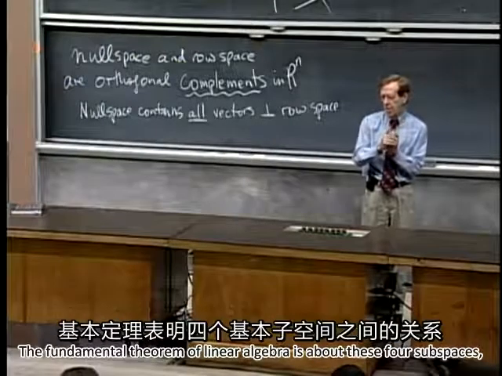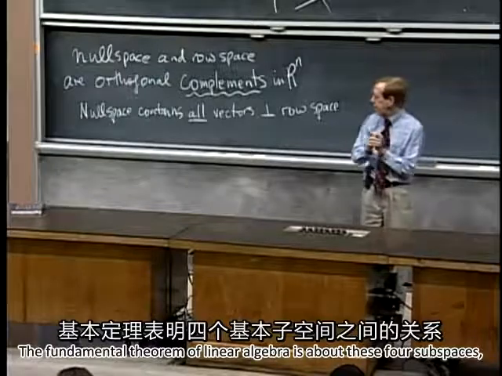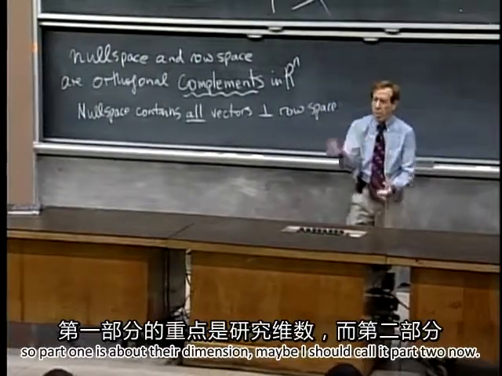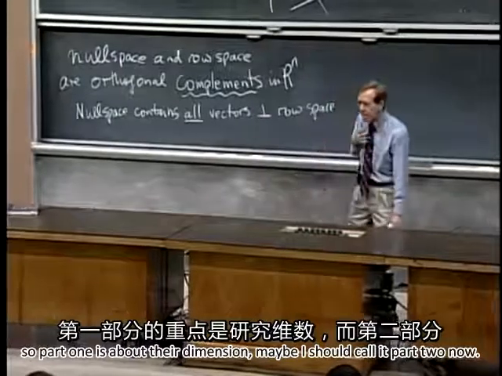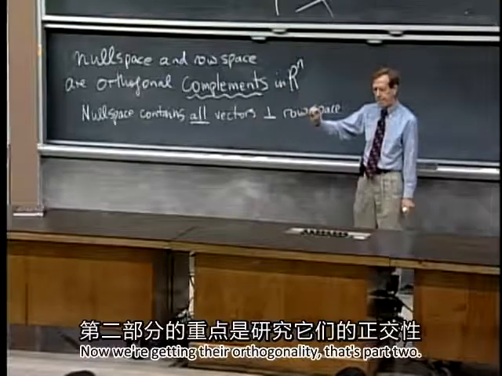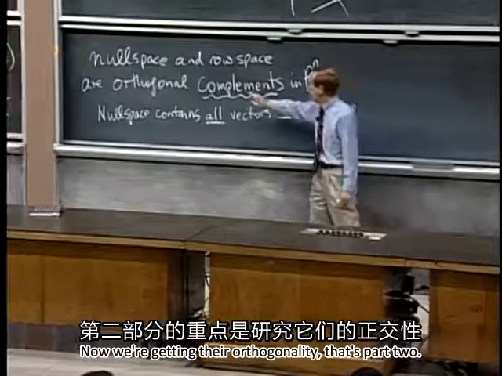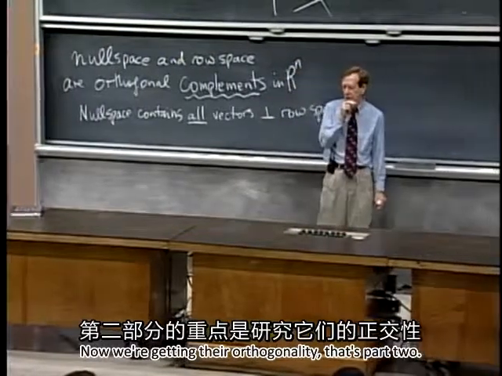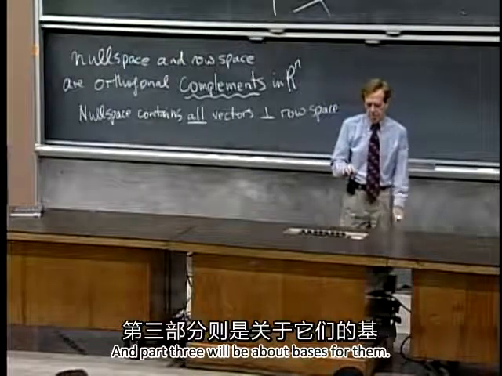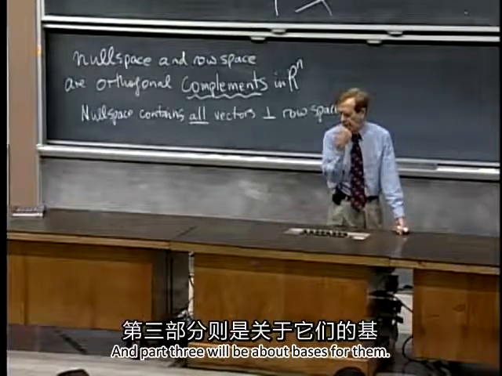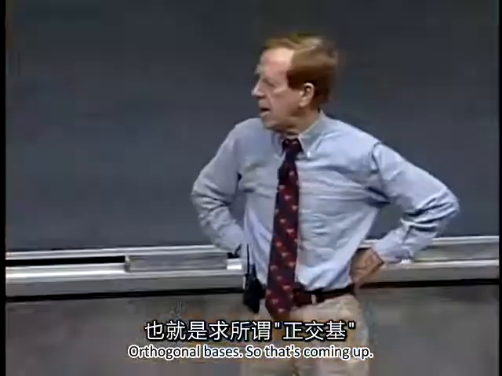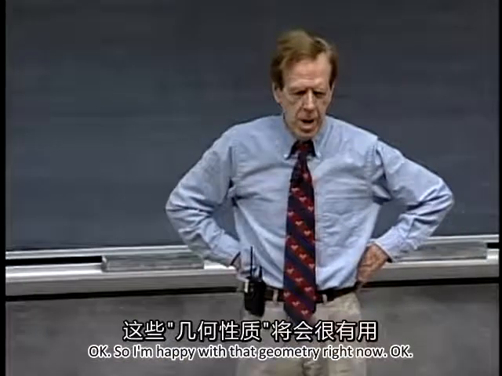The fundamental theorem of linear algebra is about these 4 subspaces. So part 1 is about their dimension. Maybe I should call it part 2 now. Their dimensions we got. Now we're getting their orthogonality. That's part 2. And part 3 will be about bases for us, orthogonal bases. So that's coming up. Okay.